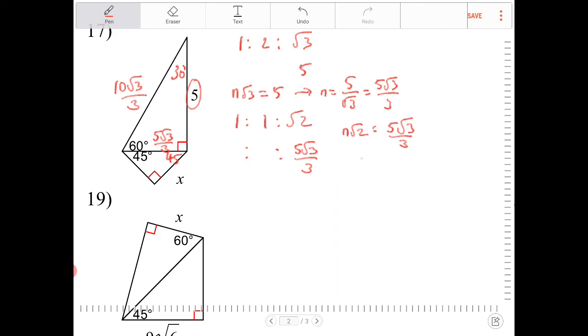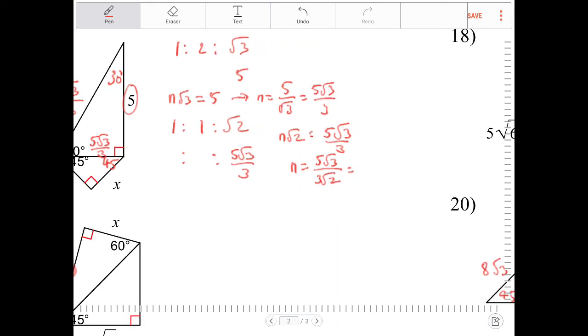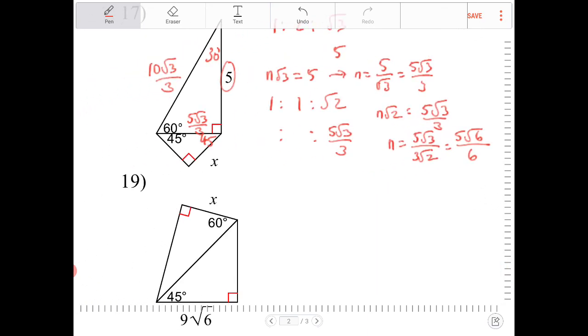Divide both sides by radical 2, n is equal to 5 radical 3 over 3 radical 2. I'm going to rationalize. I'm going to multiply both top and bottom by radical 2. I end up with 5 radical 6 over 6. So x will equal 5 radical 6 over 6.